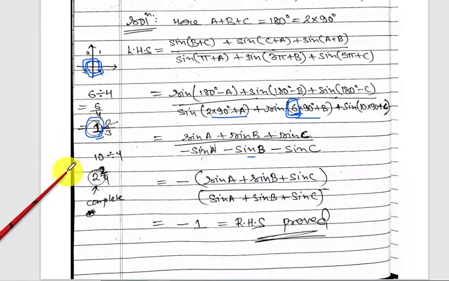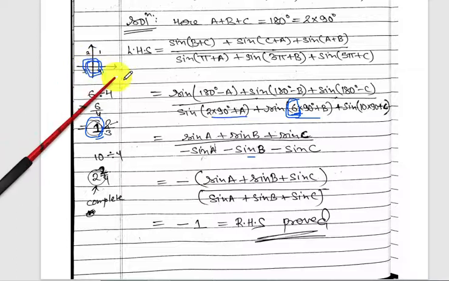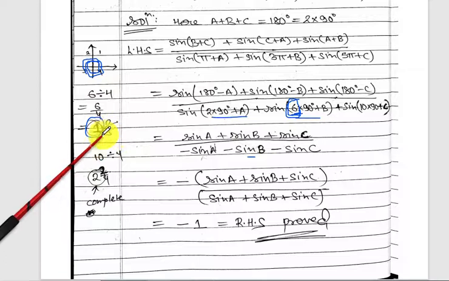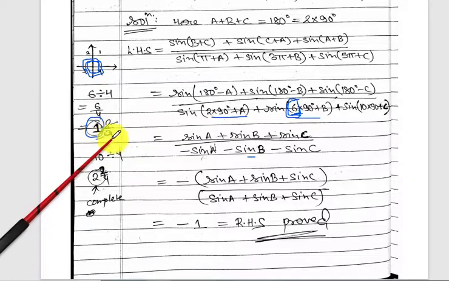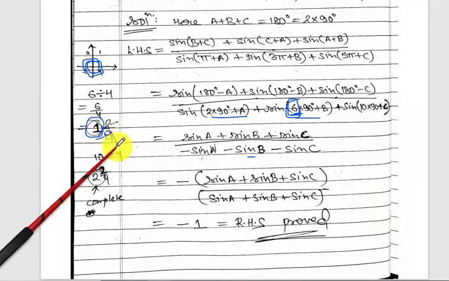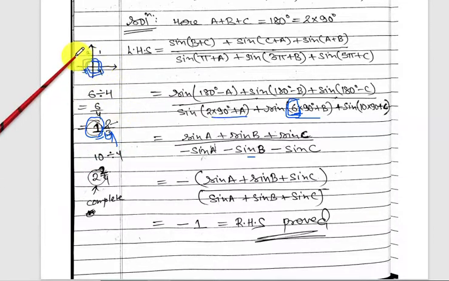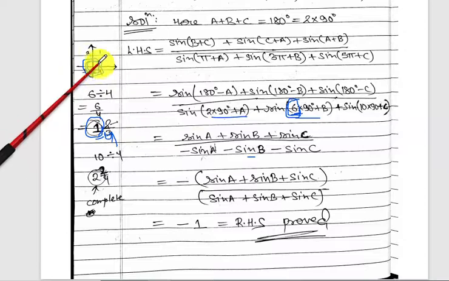That means 1 into 90, 2 into 90, 3 into 90, 4 into 90, so one complete rotation has been done, and then 2 more quadrants have been crossed, first and second, and then it has entered the third quadrant. So in the third sine is negative, that's why minus sign.